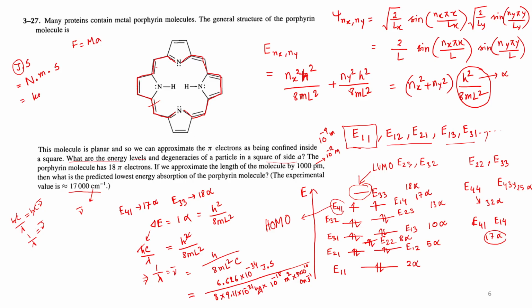So Newton is kg meter second minus 2, into meter into second. So your joule second is actually kg meter square second minus 1.